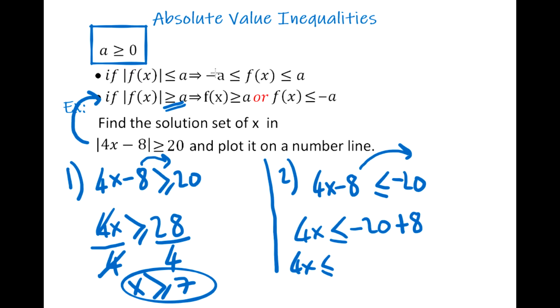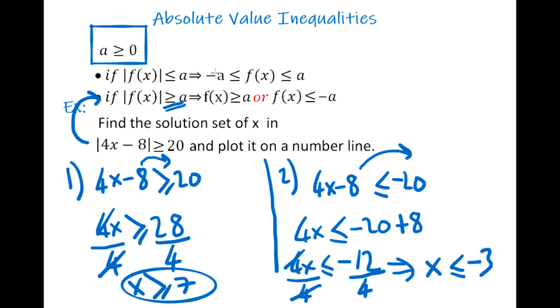No, it's going to be positive 8. So negative 20 plus 8 is going to be negative 12, guys. And here you need to leave x alone. How? Divide both sides by the number that is in front of x, and that is 4, guys. So these are gone, and x is less than or equal to negative 3, guys.